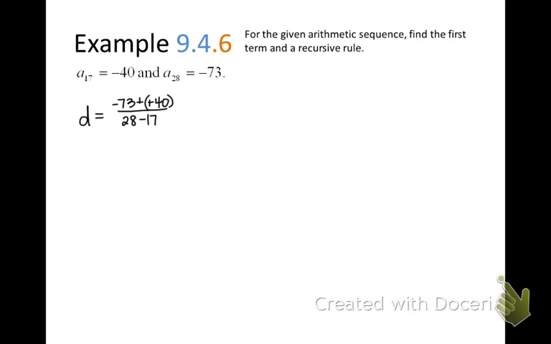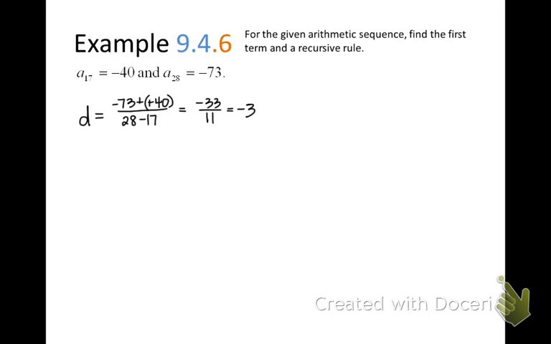That means negative 73 plus 40 is negative 33. 28 minus 17 is 11. So my common difference is negative 3. Is there anyone who has any questions about why that's how we calculate the common difference? About why that works? Okay?